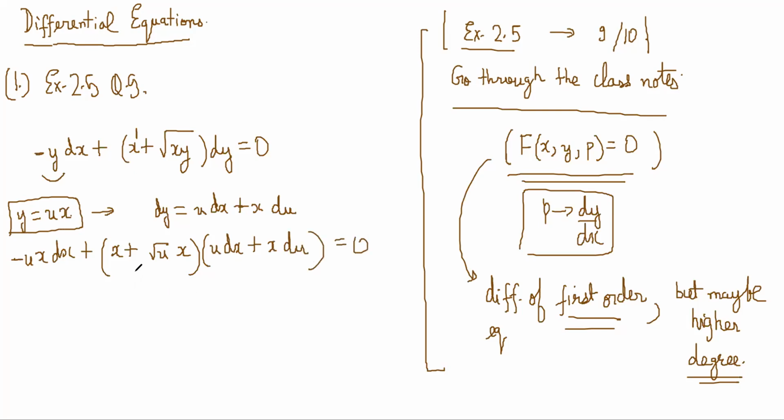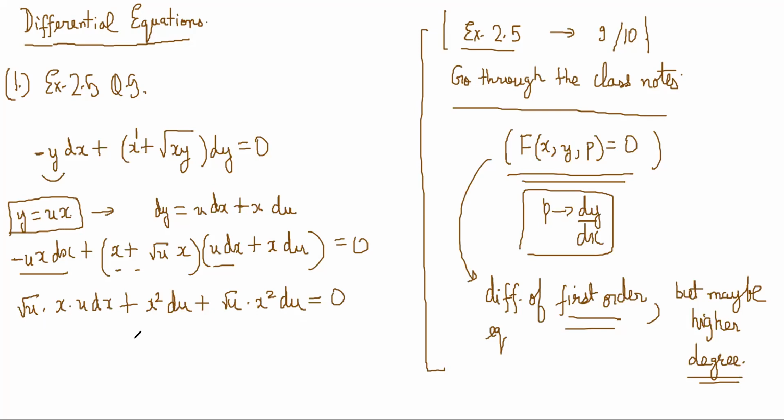So this is minus ux dx and this is ux dx, right? This cancels. So what we have is root u into x into u dx plus x square du plus root u into x square du, is equal to 0, right? So I think a variable separable type thing could happen.